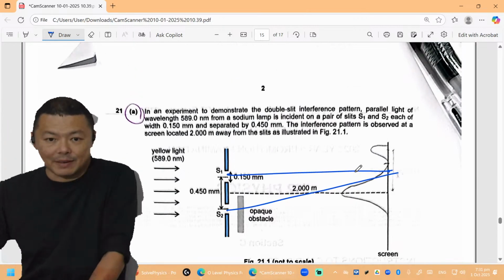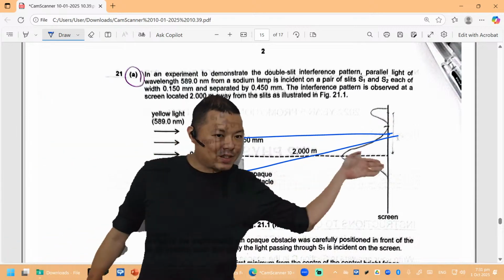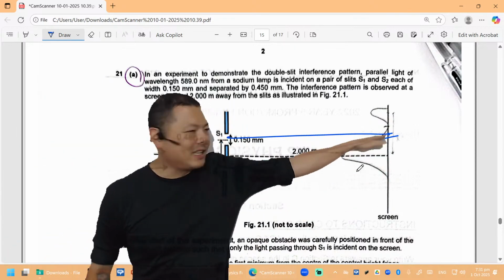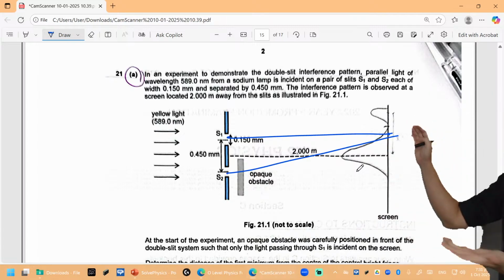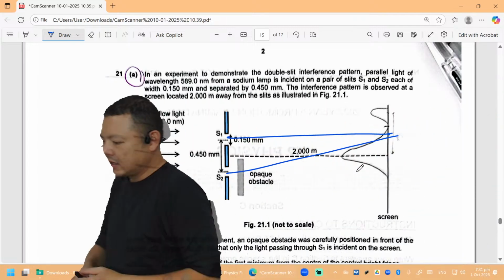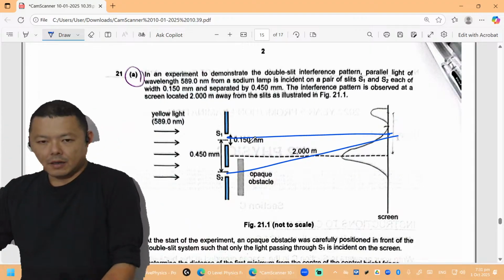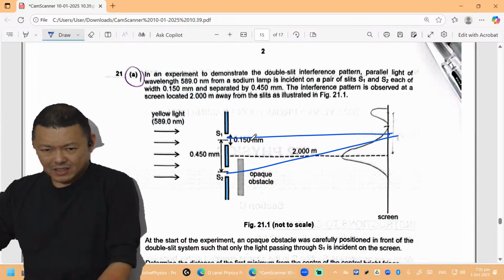But again, it depends on how you're looking at the screen. If you look at the screen from this direction, then P is on this side. If you look at it from the back, then P is on the right side. So it doesn't matter, actually. But it's 1/4 of X, right?